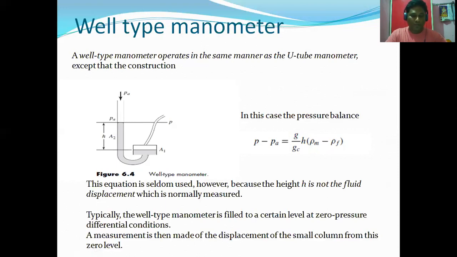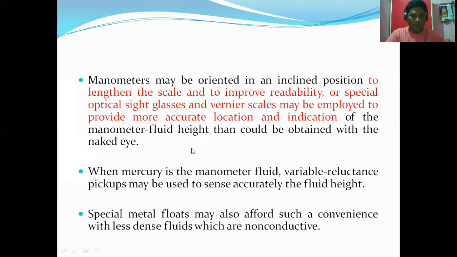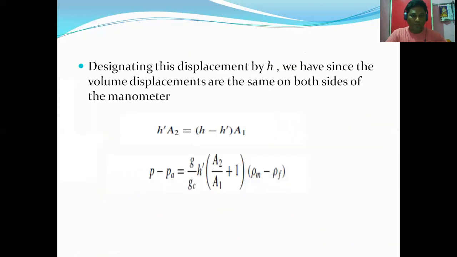Since the volume displacements are the same on both sides of the manometer, P minus PA is equal to G divided by GC times h dash of (A2 divided by A1 plus 1) into (PM minus PF) from the U-tube manometer.